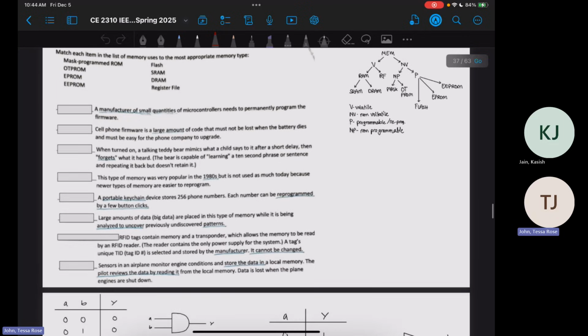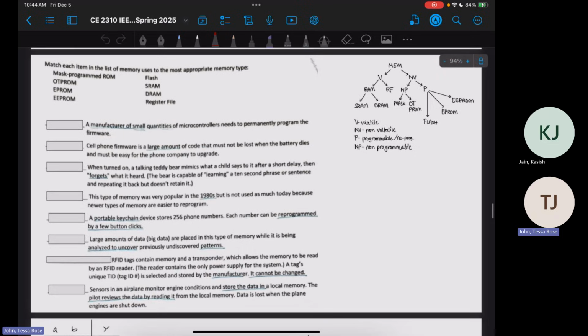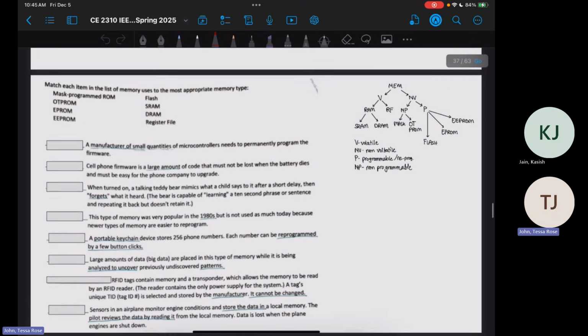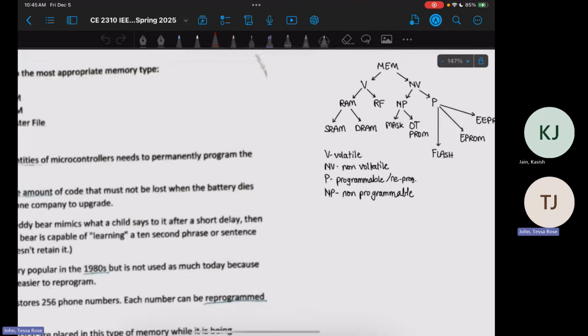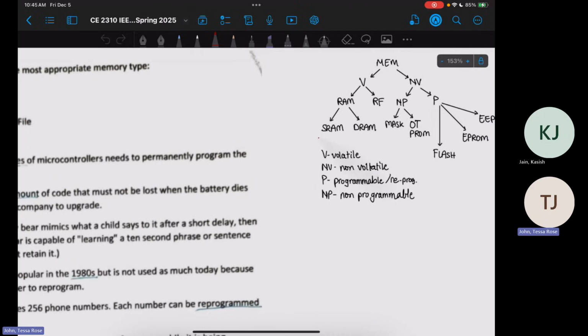But anyway, for these questions, you just have to memorize how these work, right? I think I have answers on mine. SRAMs are static, but they're fast to fetch data.